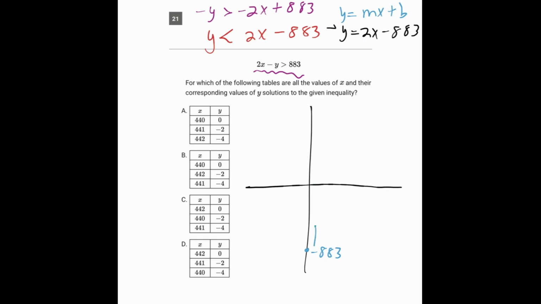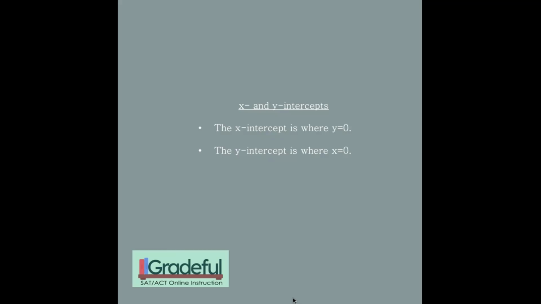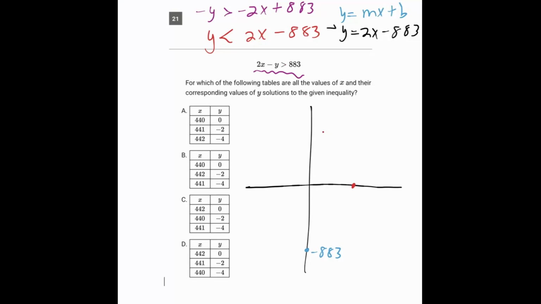So it's going up 2 over 1 in terms of the slope. But it would help an awful lot to know where the x-intercept is. Now, the x-intercept is the place where y is 0, and the y-intercept is the place where x is 0. So if we want the x-intercept here, we'll make y 0, and then we'll solve. Add the 883 to the other side.